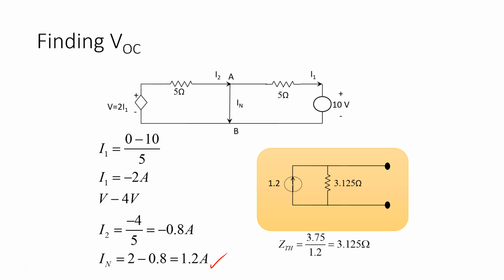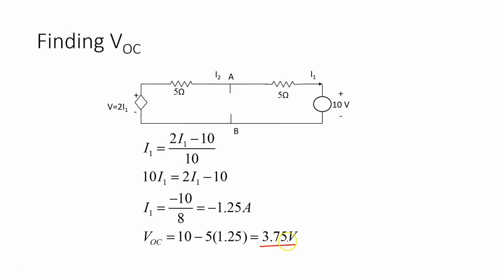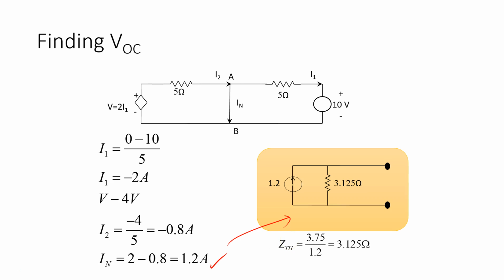This is exactly what we did before. Now the difference is, when we're drawing the equivalent circuit, before I took the Thevenin equivalent voltage, which was 3.75 volts, and drew it with the source in series with the resistor. This time I take the same resistance and put it in parallel with the short circuit current of 1.2 amps.